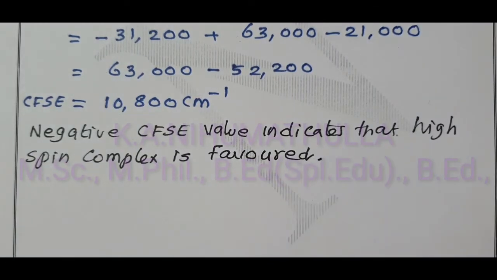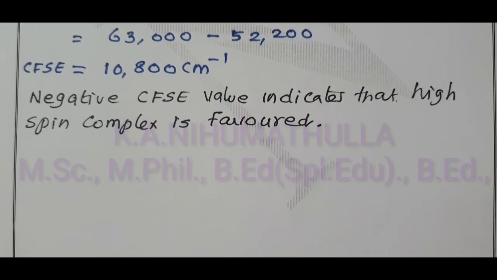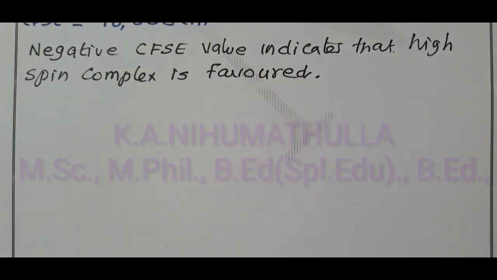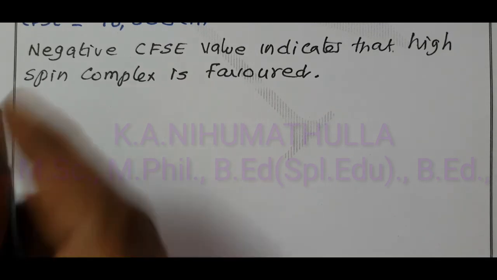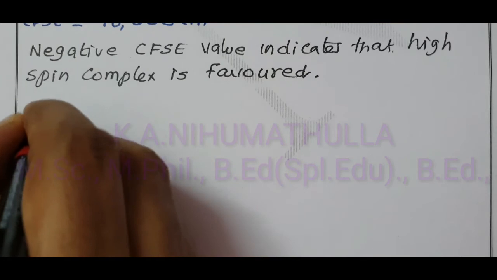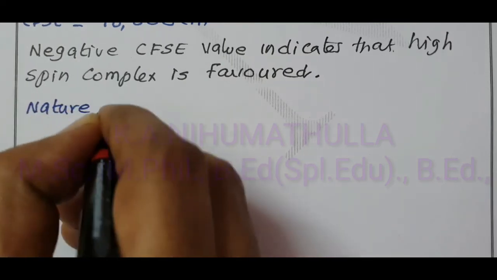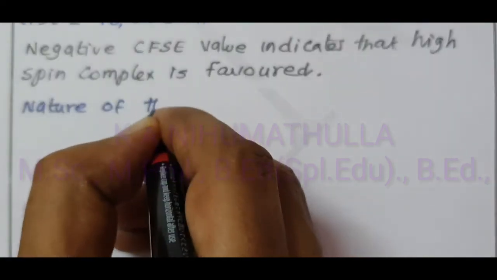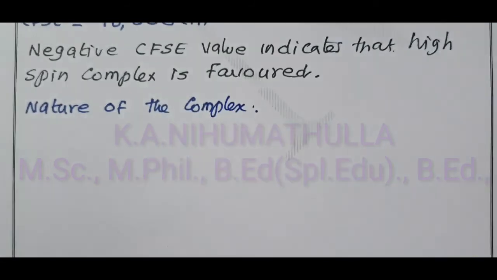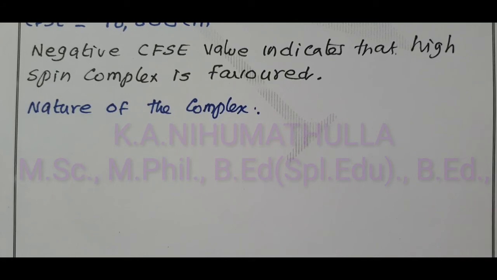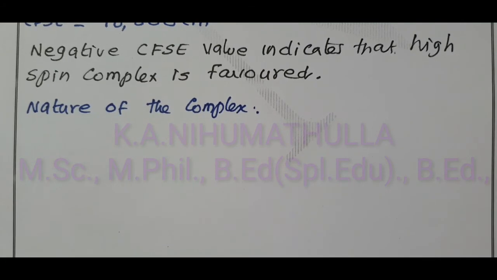Now we can write the nature of the complex, high spin complex. For that we have to calculate the magnetic properties. The nature of the complex is... Nature of the complex. What is our complex?